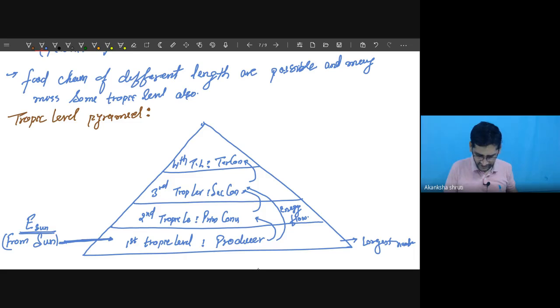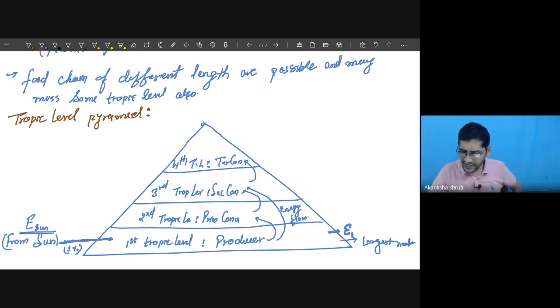Let us consider the total energy present in trophic level 1 to be E1.